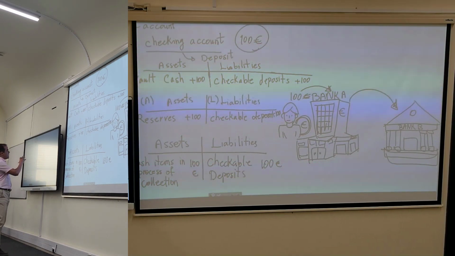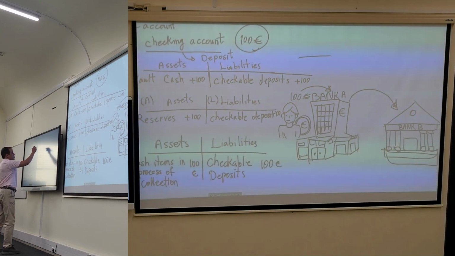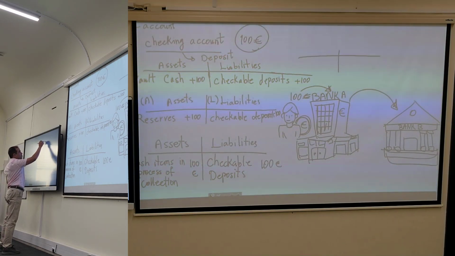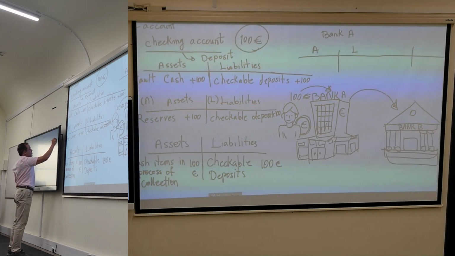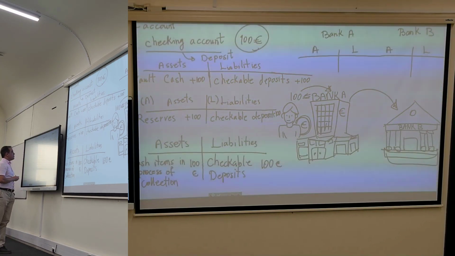But now the first national bank owed 100 euros to the second national bank. So we have to show it in two parts, the asset side and the liability side for bank A. Also, we will have the asset side and liability side for bank B, okay?